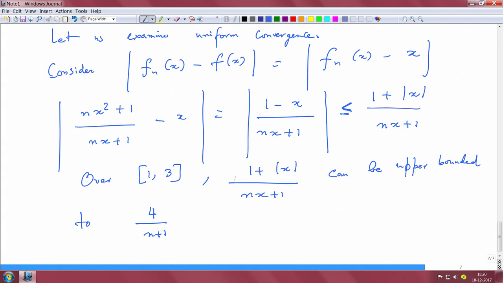I mean, if I want this to be maximized, the numerator should be more and the denominator should be less. So if the denominator has to be less, I choose x to be the lesser value because this is a ramp. I choose x equals 1, so I get n plus 1, and the numerator has to be maximum. So therefore I choose mod x to be 3 here. So therefore I get 4 in the numerator, and the denominator is n plus 1, right. This is for all x belonging to [1, 3]. See, I have gotten rid of the x when I compute this quantity.